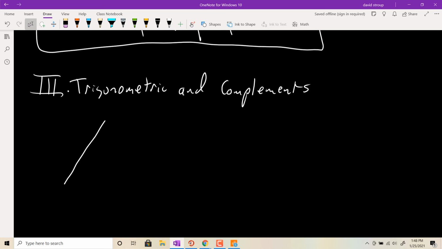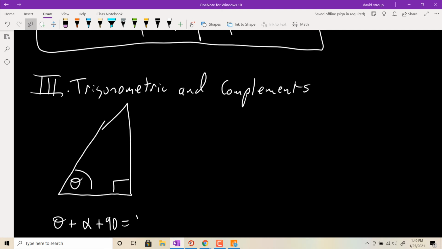Okay, so if you have a right triangle of some sort, and you're given one angle over here, because the angles have to add to 180. This angle plus whatever that upper angle is, I'll just call it alpha, plus the 90 degree right angle has to equal 180.